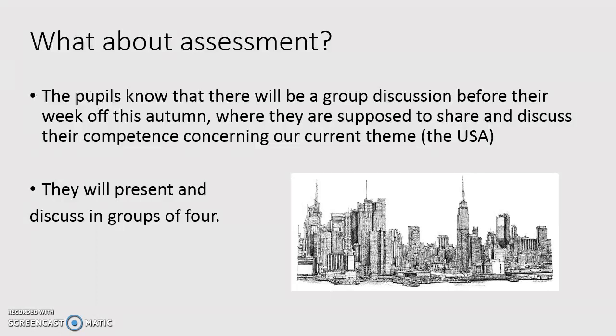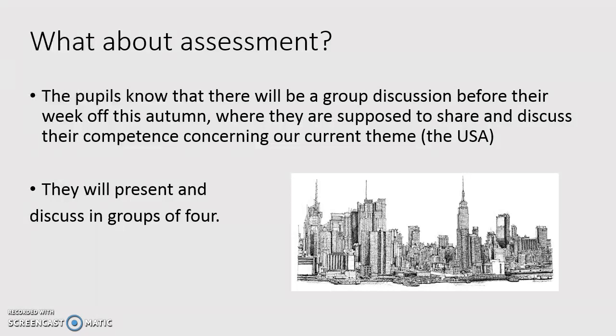What about the assessment then? The pupils have known from the very beginning that there is going to be a group session where we get together, three or four pupils, together with the teacher, where we share information about the US history and geography based on what we have learned the past 6-7 weeks, including cowboys, of course.